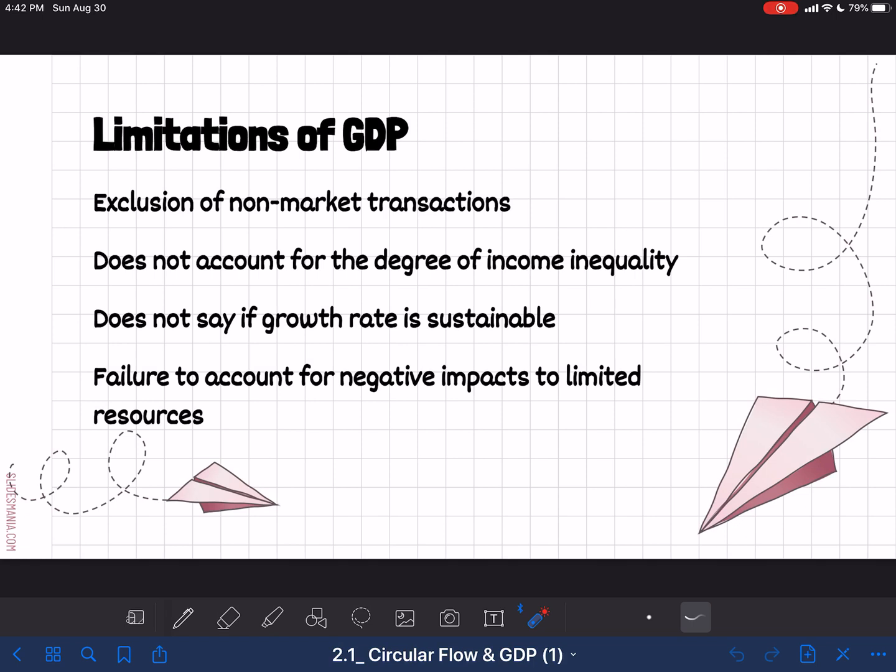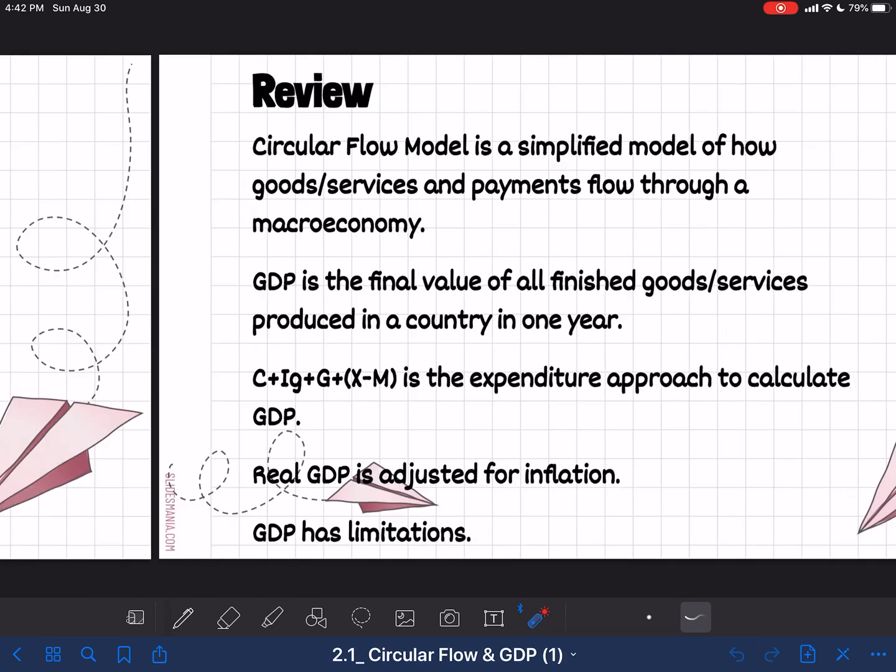And then it also fails to account for the negative impacts to our limited resources. So our gross domestic product doesn't take into account resource destruction. It doesn't look at harmful emissions into the air. It doesn't look at waste that's produced when we're making products. So it doesn't account for negative impacts to our environment.